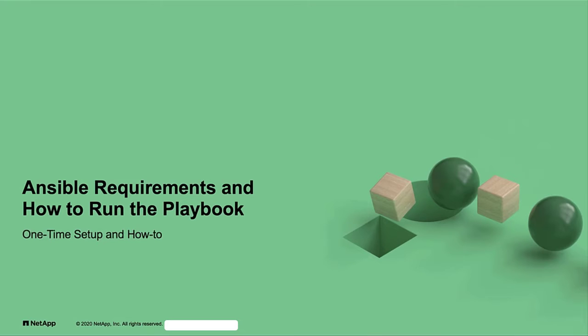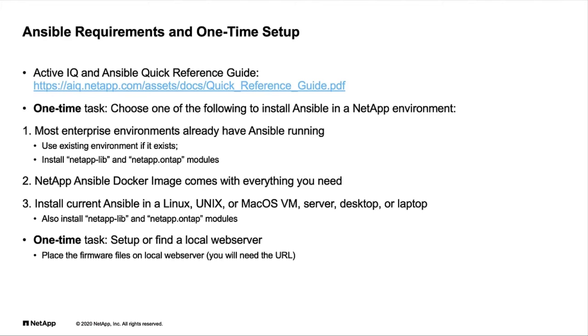Now let's look at the requirements for setting up Ansible. Most enterprises probably already have Ansible set up. If so, just install the 2 NetApp published libraries, netapp-lib and netapp.ontap. If you need to set up Ansible, you can either install our Docker image. Our Docker image has everything you need.